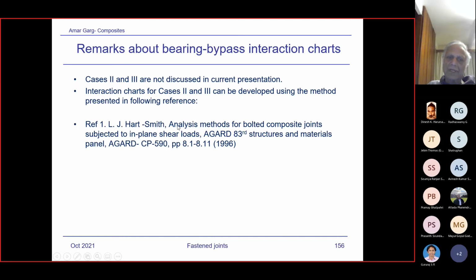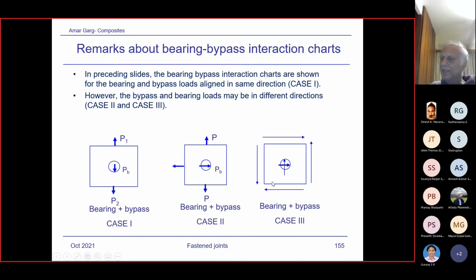So John Hart-Smith has discussed how to develop the interaction in the case of shear and the biaxial loading. The reason why I have not done it is because it would be unnecessarily complicating. So I just wanted to keep it simple to give you the idea of the importance of the bearing bypass interactions for the analysis of the joints.